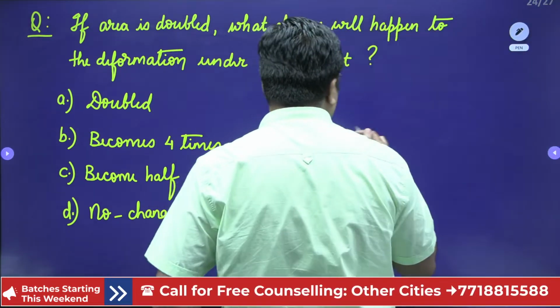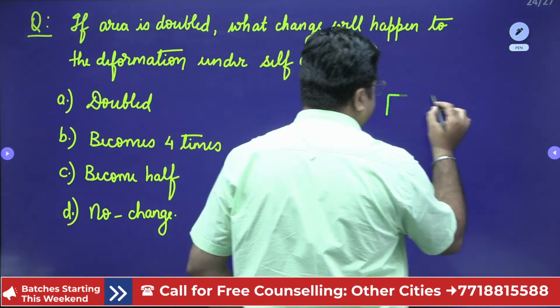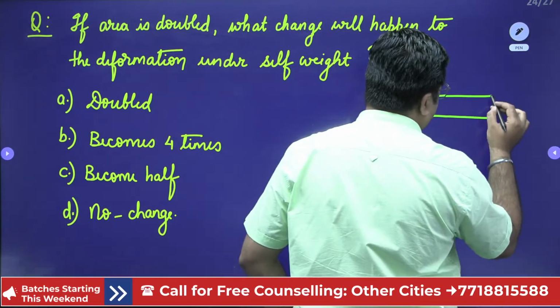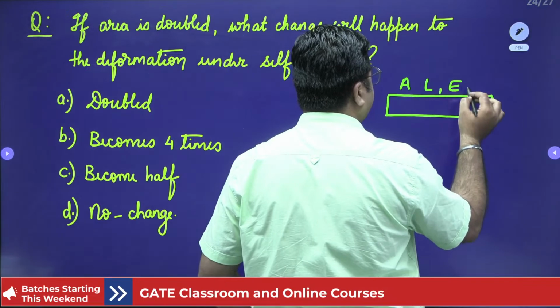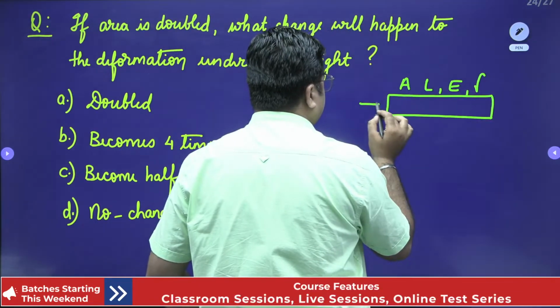So, if you have a member like this, for which the cross sectional area is A, length is L, Young's modulus is E, unit weight is gamma, right?